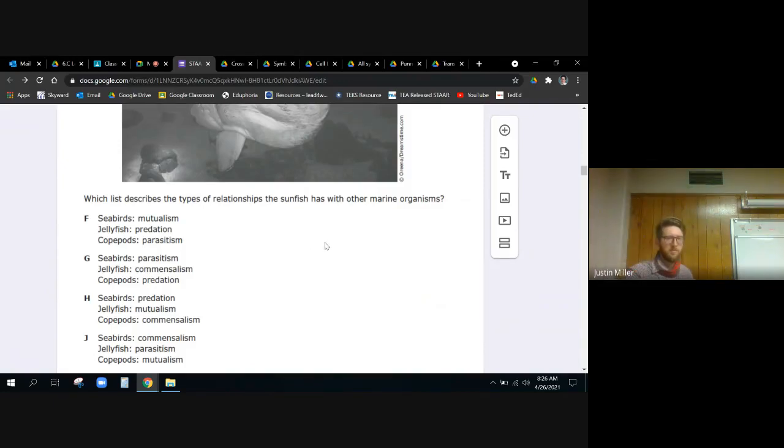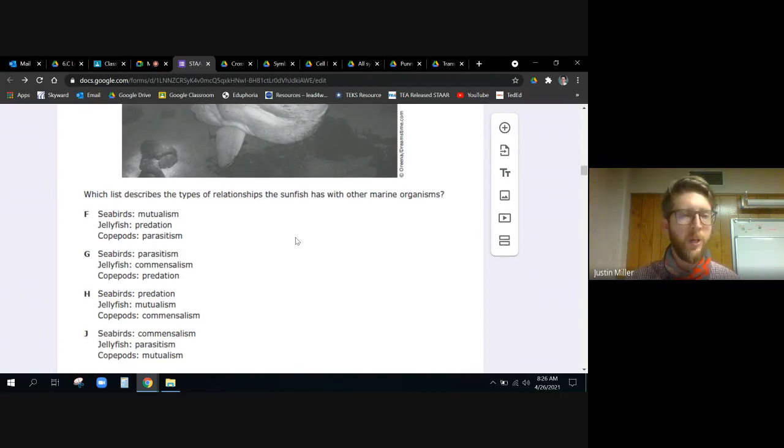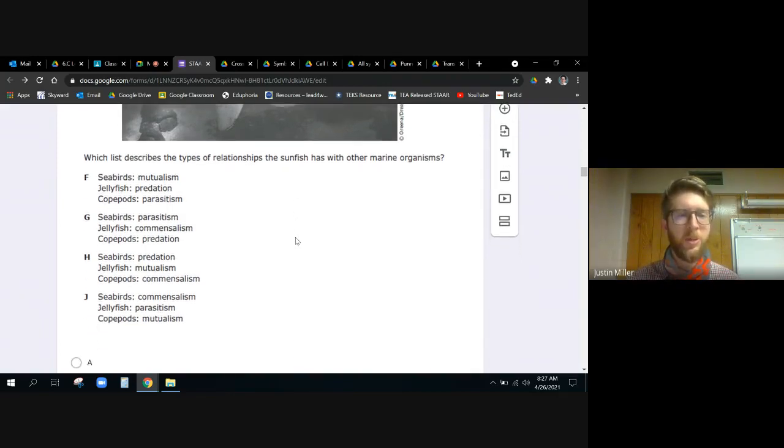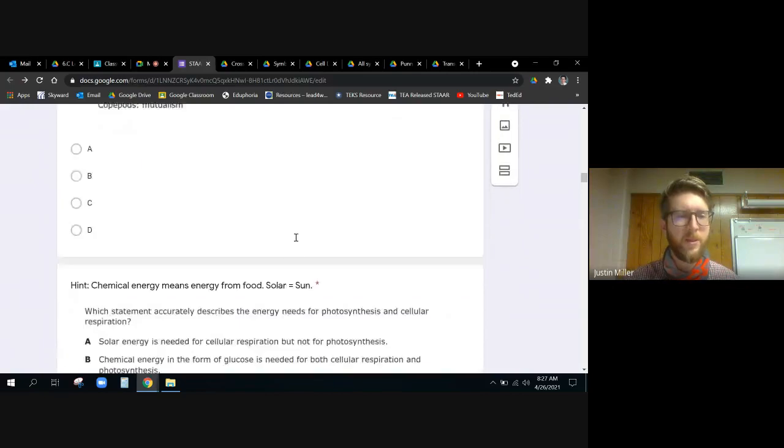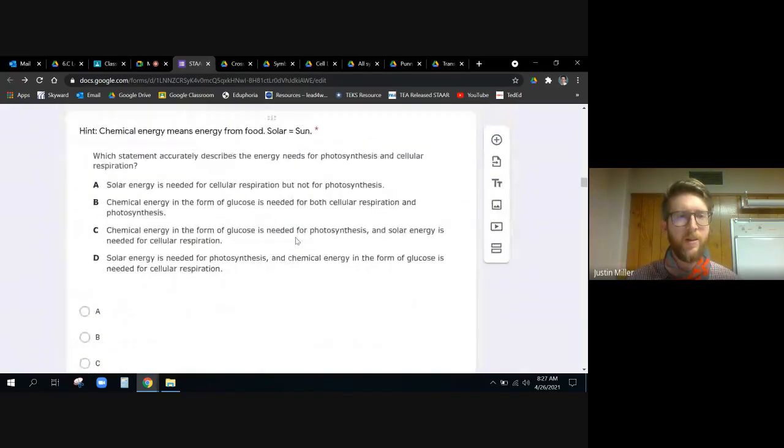Is that the only one? Yes, it is, right? So the only one that says that they have a parasitic relationship with these copepods, well, you tell me, even though I just pointed to it.